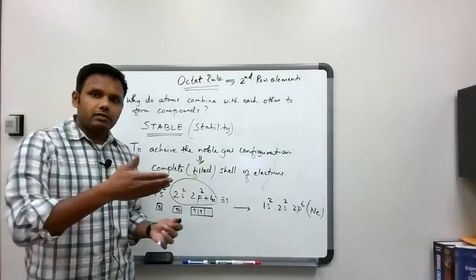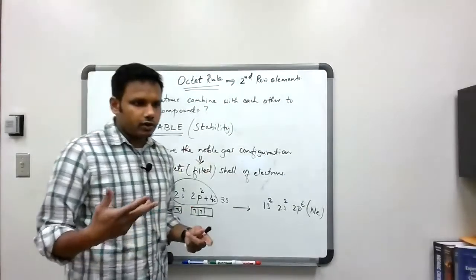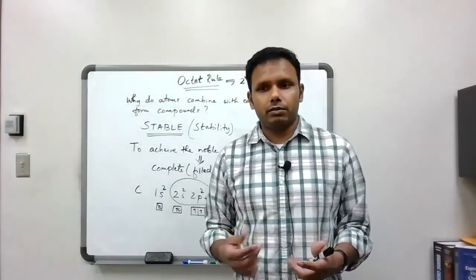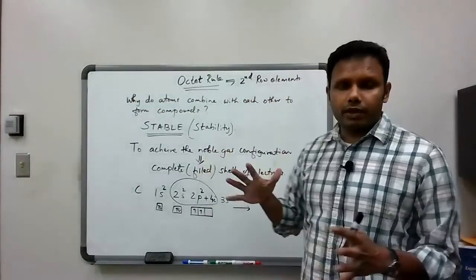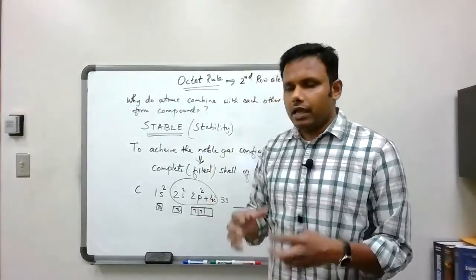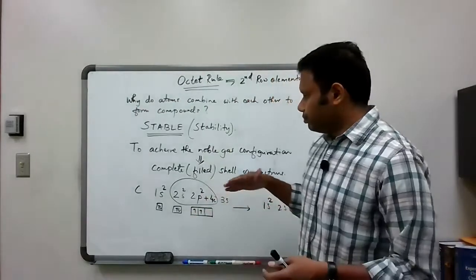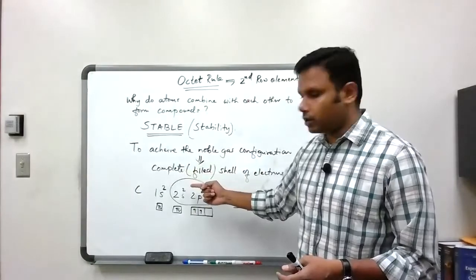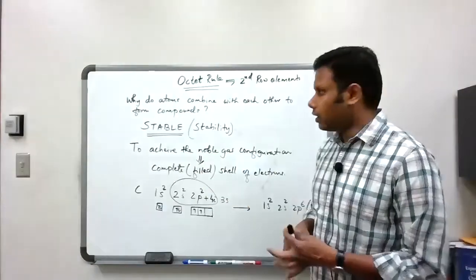But now for elements in other rows of the periodic table, so for an element in the third row of the periodic table or the fourth row of the periodic table, they are also trying to attain that noble gas configuration, but it does not have to be 8 electrons in the valence shell. Okay, so the bottom line here is getting a complete or filled shell of electrons, but for elements in the second row of the periodic table.